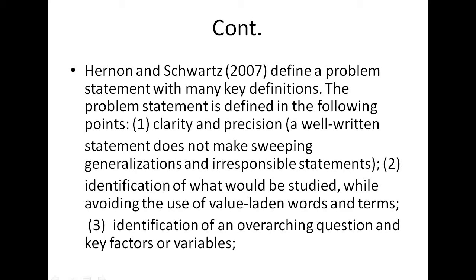A well-written statement does not make sweeping generalizations and irresponsible statements. That shows the clarity and precision. We should not make a very sweeping kind of generalization, number 1. And secondly, we should not make irresponsible statements.